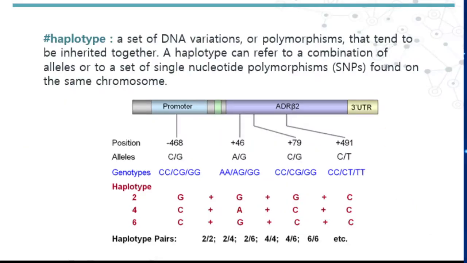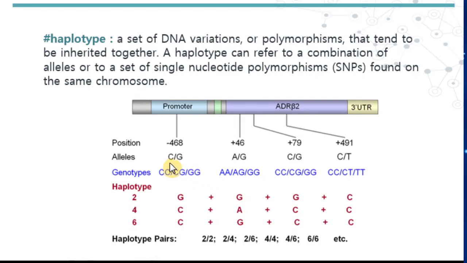Haplotype. A haplotype is a set of DNA polymorphisms, usually referred to as SNPs, that are always inherited together. If you look at the example here of this gene, there are 4 SNPs at different locations, 1, 2, 3, and 4.